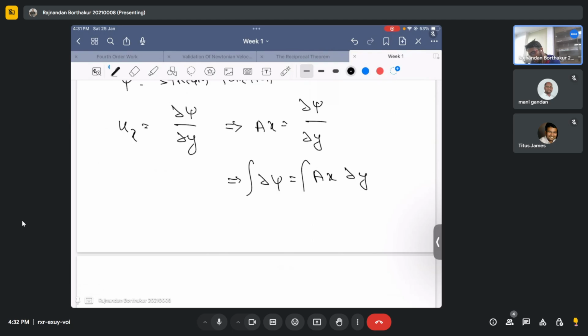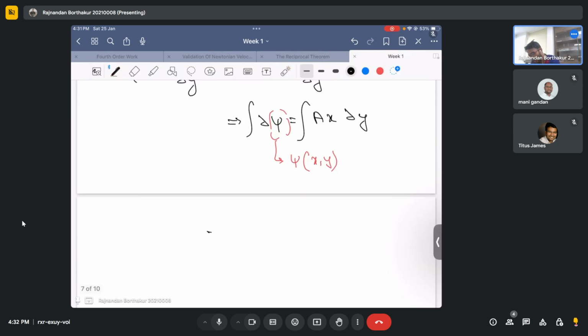But remember, psi in general is a function of x and y, but we are integrating with respect to y only. So the integral just becomes axy, but there will be a constant which will be f of x.